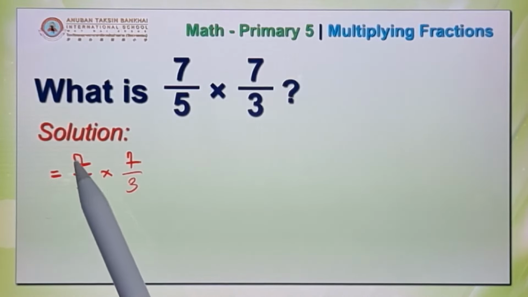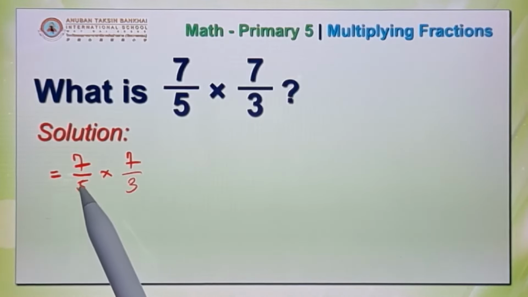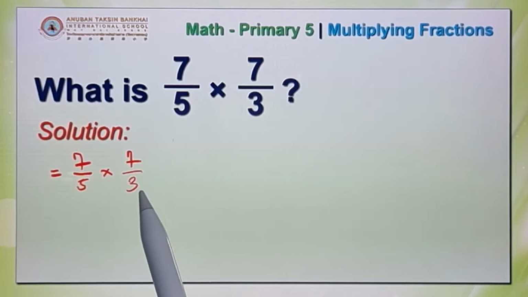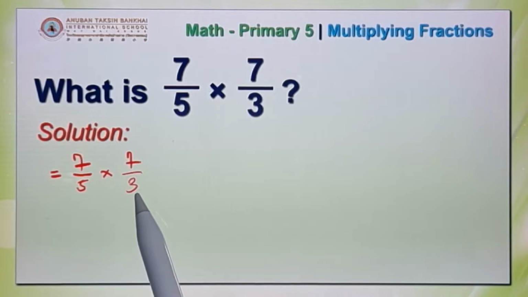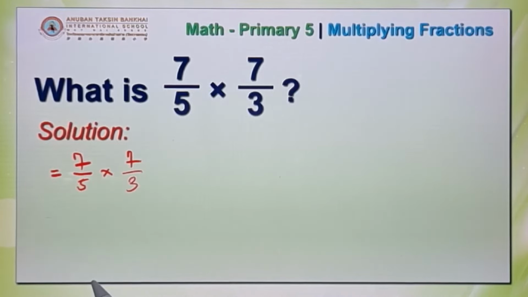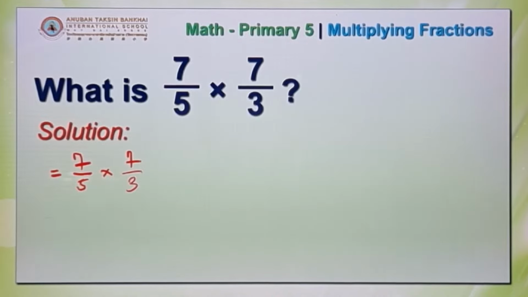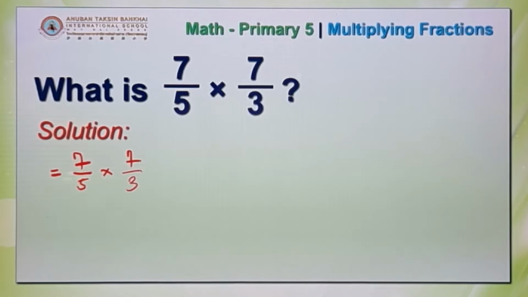Can we cancel 5 and 7? No. How about this 5 and this 7? Can we cancel? No. How about this 3 and 7? Can we cancel? No. So we cannot cancel anything. Let's just multiply these numbers.